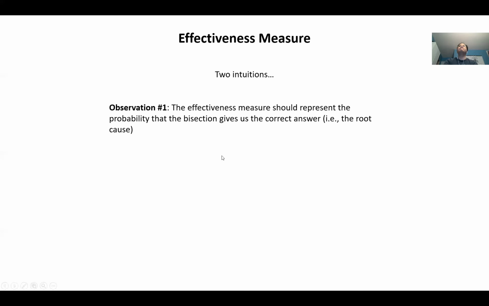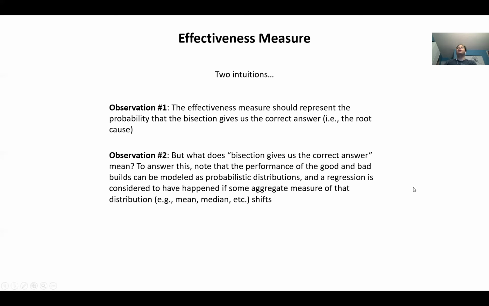But it's a little bit of an ambiguous statement, right? For example, what does it mean when we say bisection gives us the correct answer? To answer this, one of the observations we need to make is that the performance of the good and bad builds can be modeled as probabilistic distributions.